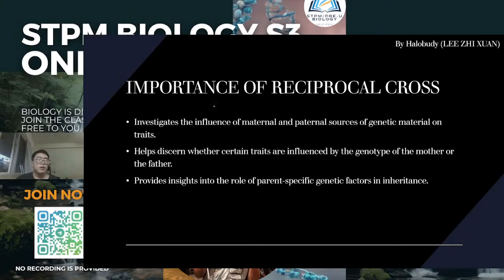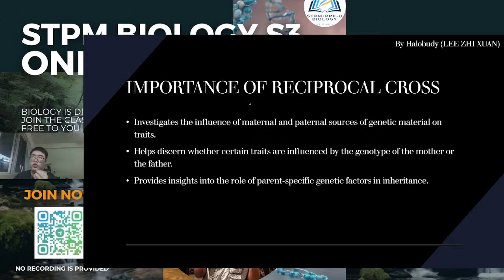And then the reciprocal cross. Normally this is used to investigate between the sexes. It investigates the influence of maternal and paternal sources of genetic material on the trait. When using this cross, although the genotypes are the same, they have to do research on whether the difference in sex has an effect on the offspring.